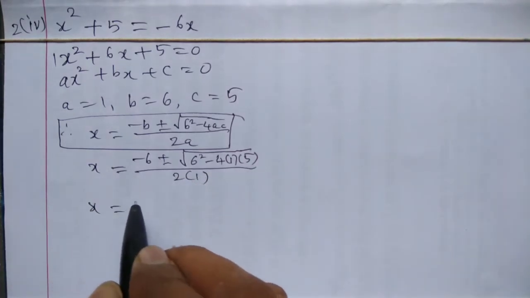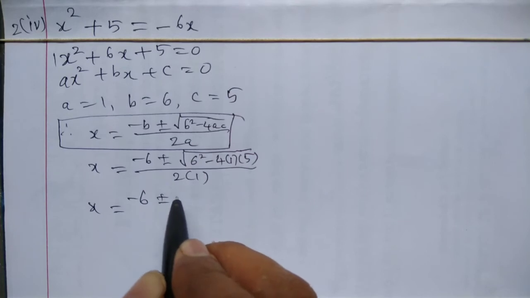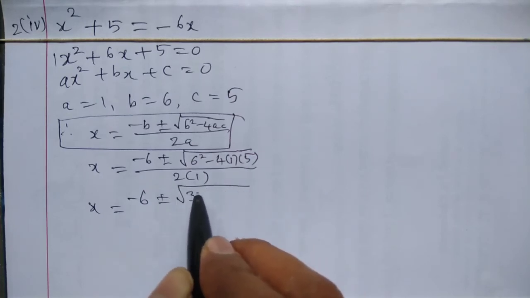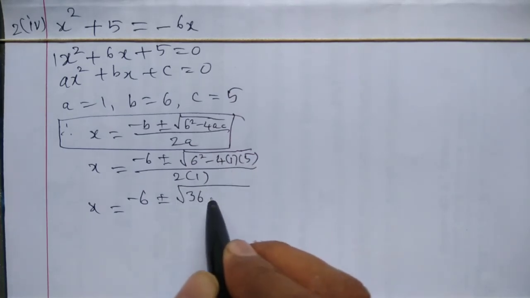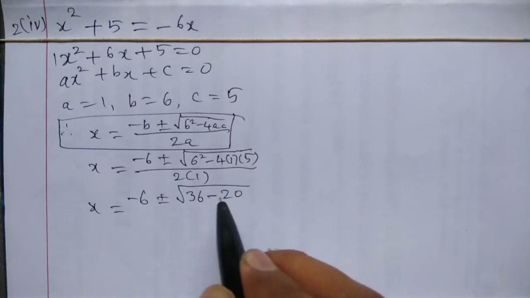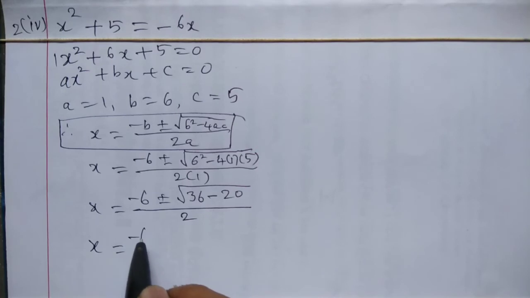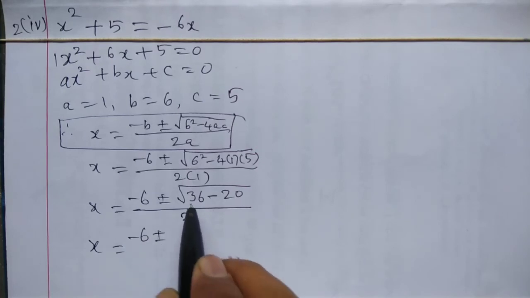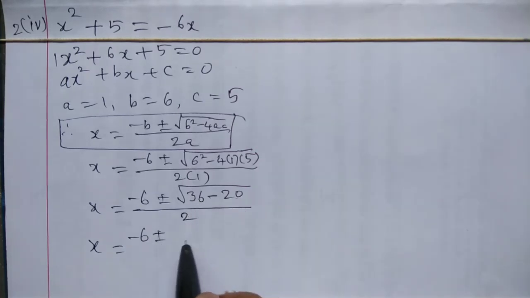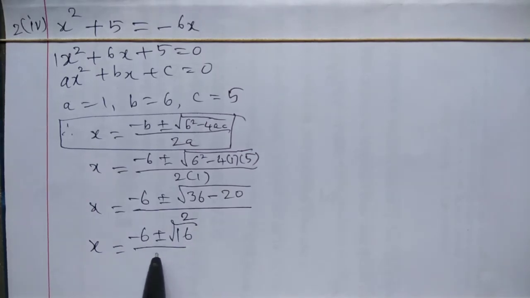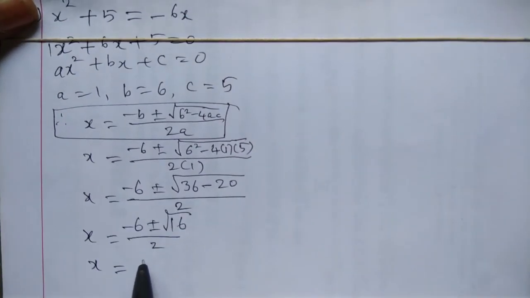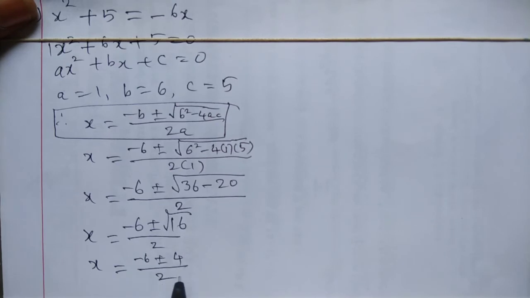That is, x is equal to minus 6 plus or minus under root of 36 minus 4 fives are 20, by 2. x is equal to minus 6 plus or minus under root of 36 minus 20, 16, square root of 16, by 2. x is equal to minus 6 plus or minus 4 by 2.